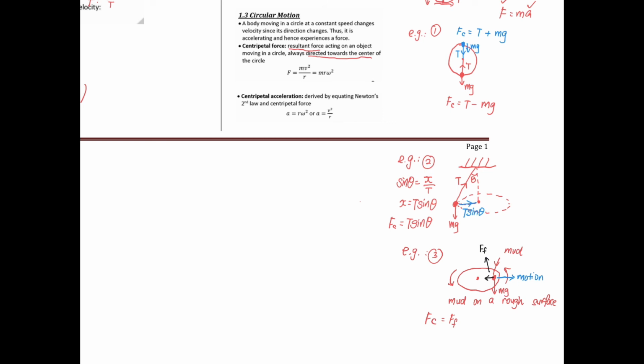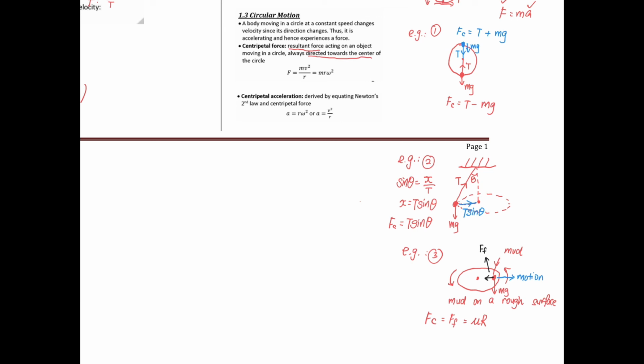And of course, frictional force is mu times R, the coefficient of friction multiplied with the normal reaction. So this is another way to see the centripetal force in a more complicated situation.